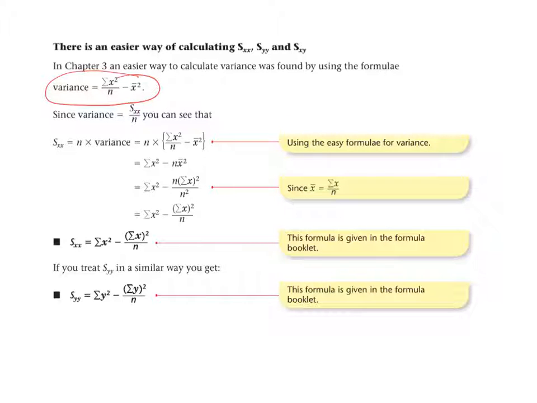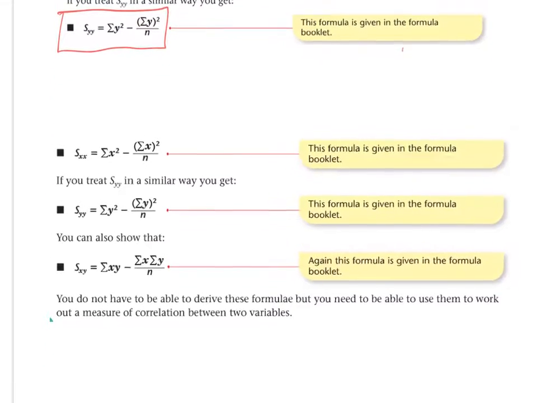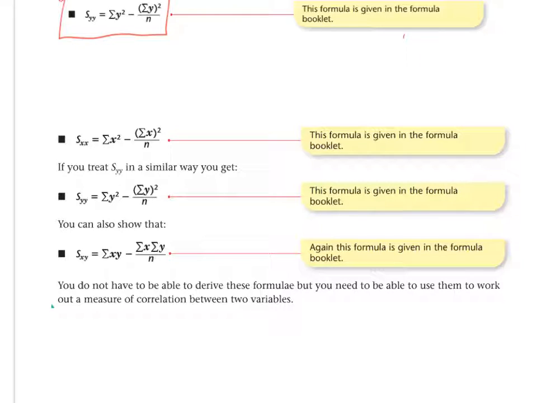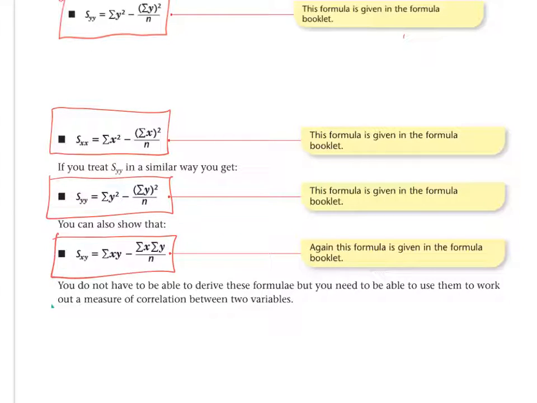So the ones that we have to know about are these ones, that one, and then moving down there are quite a few more. So altogether we've got 5 of them, and all of these are given to you in the formula booklet, which is quite a relief because they do take a bit of memorising.